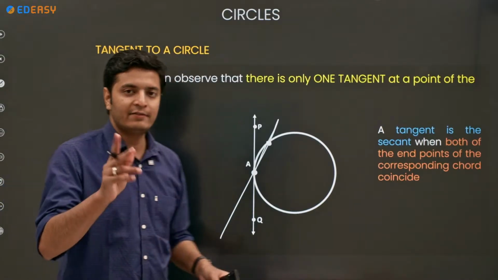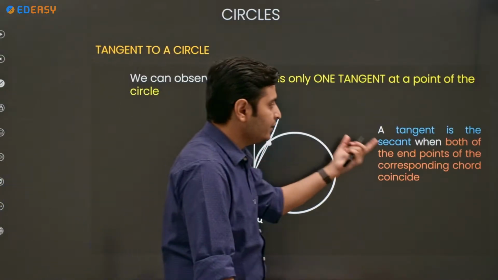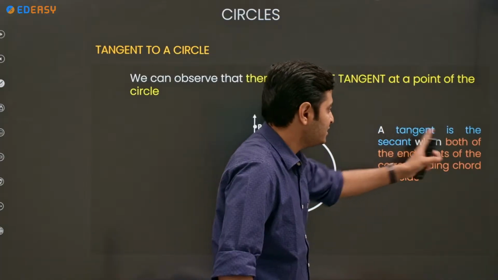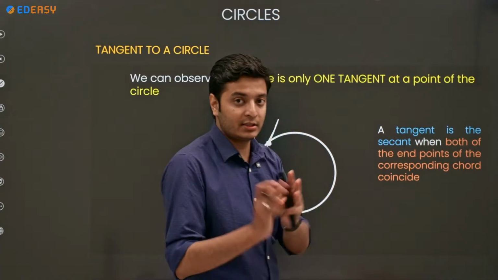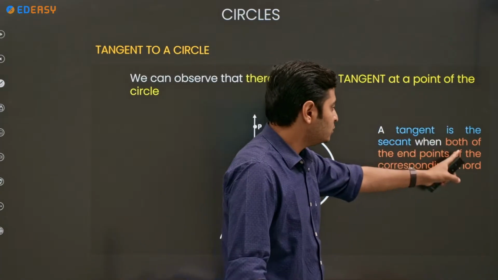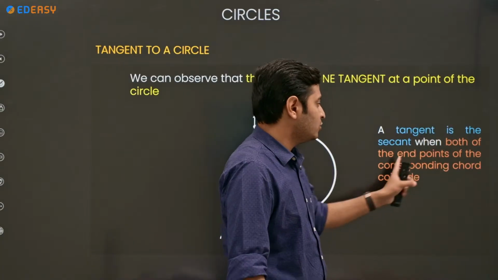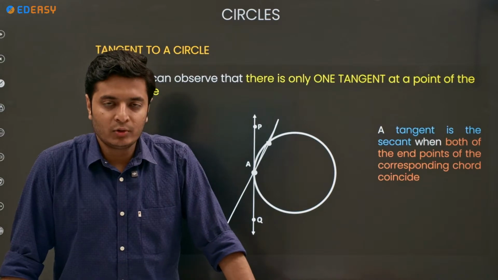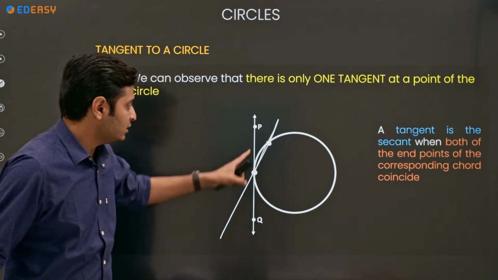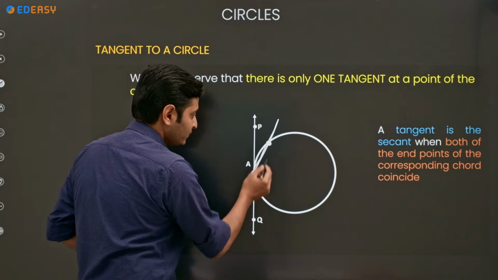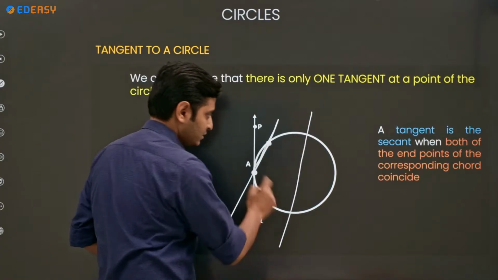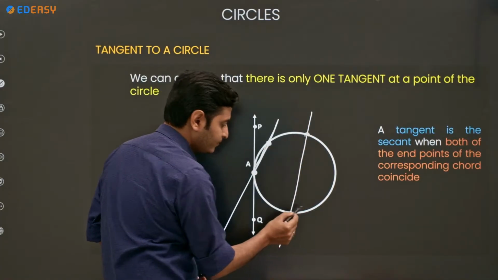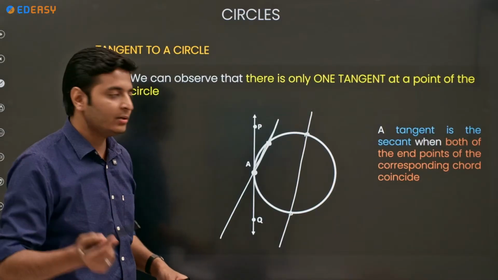A tangent is having only one. So here, according to the statement, a tangent is the secant when both of the endpoints of the corresponding chord coincide. Whenever both the corresponding points of the chord are going to coincide, this is the chord, no? As you can see, suppose this is the secant, these are two endpoints or two meeting points.